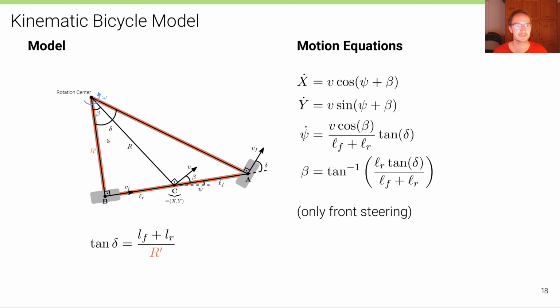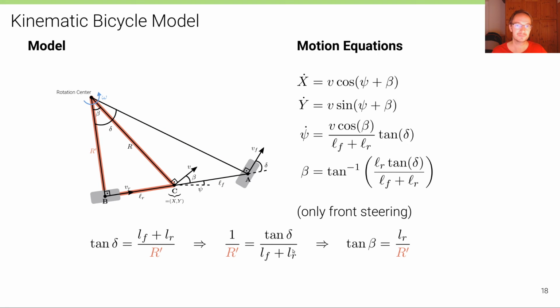And what that means is that we can now express this relationship here, because of the orthogonality, as the tangent of delta equals the wheelbase divided by what we call r prime here. This is the turning radius, and we call the distance of the rotation center to the rear wheel r prime. So the tangent of delta equals the wheelbase divided by r prime. So we can rearrange this to 1 over r prime equals tangent of delta over the wheelbase.